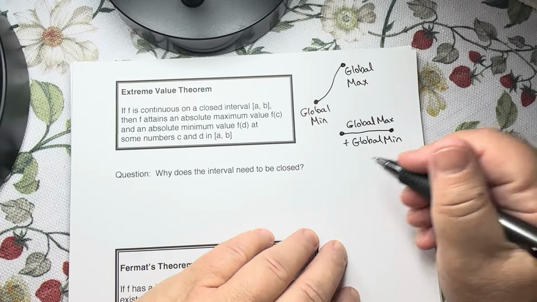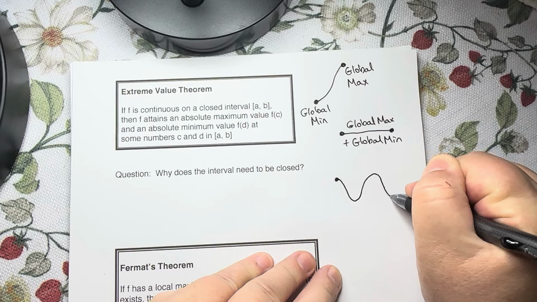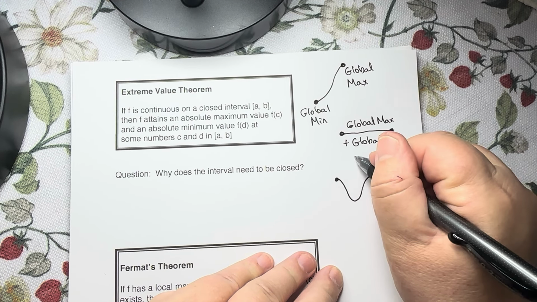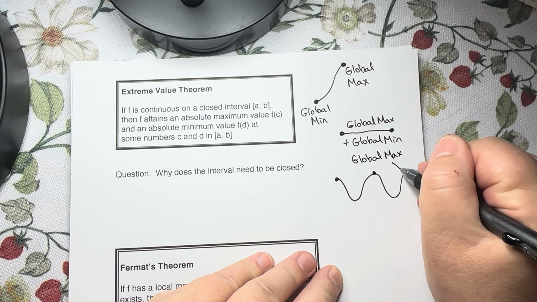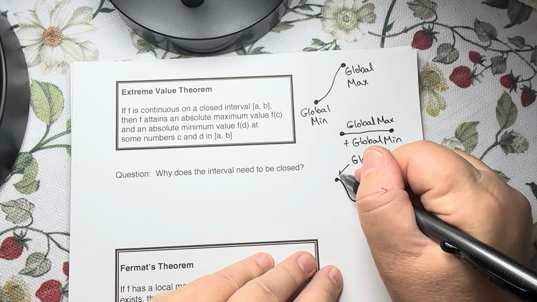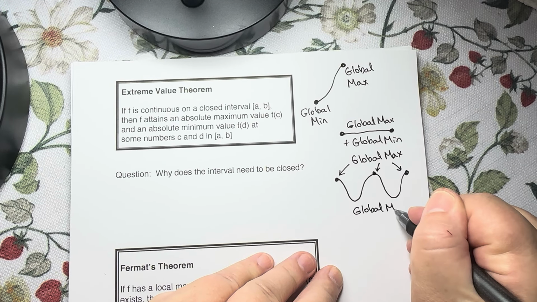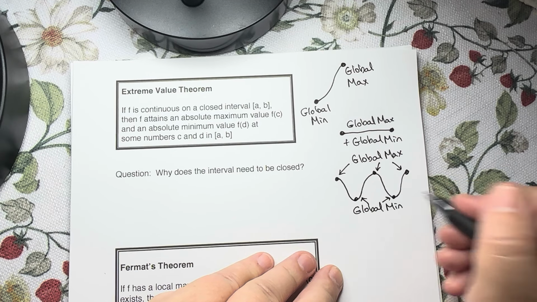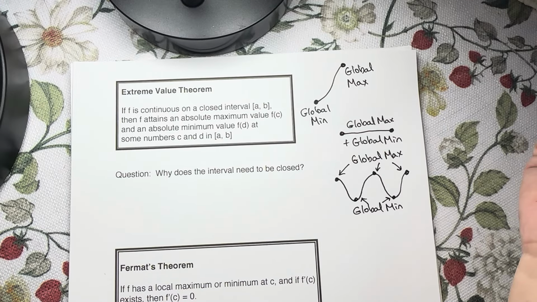You could also have something where, like when we've looked at trigonometry, you could have a bunch of global max and global mins, or I should say points where the global max and the global min occur. The actual value is whatever the y value is.